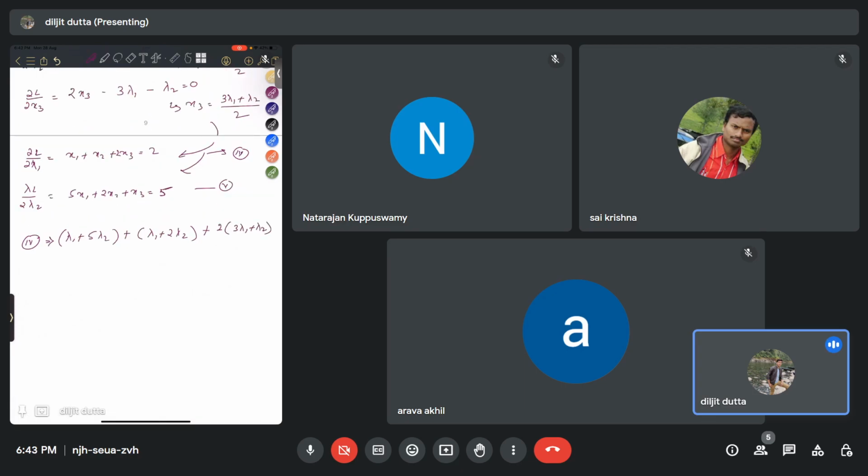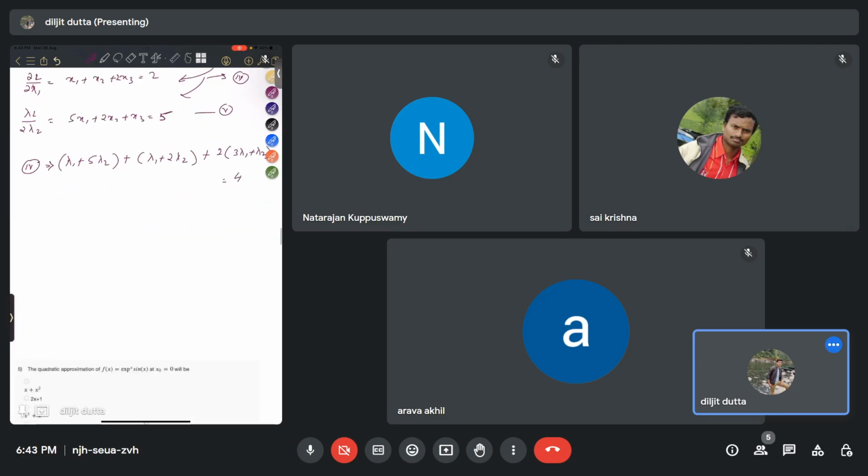I am taking the 2 to the right hand side, so 2 into 2 will be 4. We'll rearrange the terms: lambda 1 plus lambda 1 plus 6 lambda 1 gives 8 lambda 1, and 5 plus 2 is 7, 7 plus 2 is 9, so 9 lambda 2 is equal to 4.